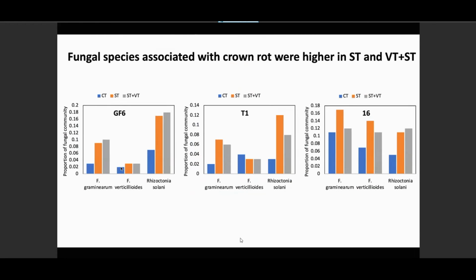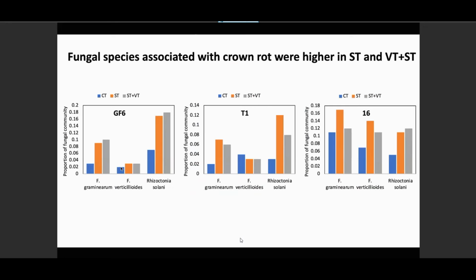So this was interesting. This is our data from the sequencing effort for the fungal communities, and we just have a preliminary analysis of this data. From the previous study, we have isolated different fungal groups from our sites which are related to crown rot.